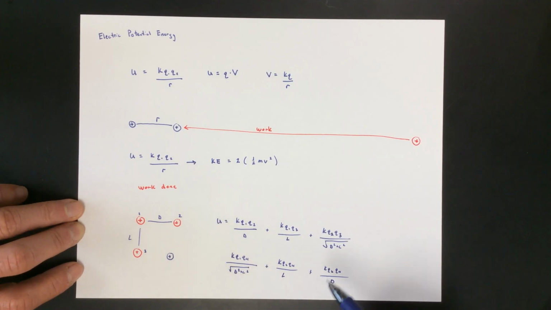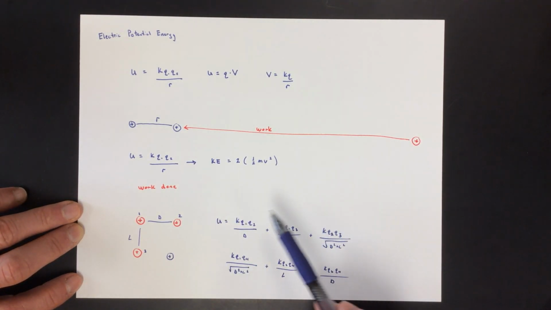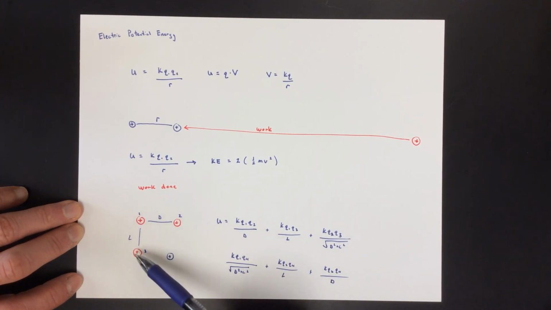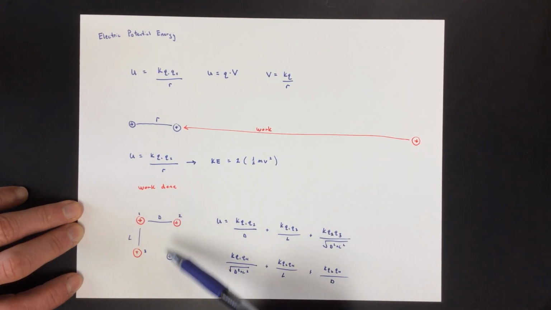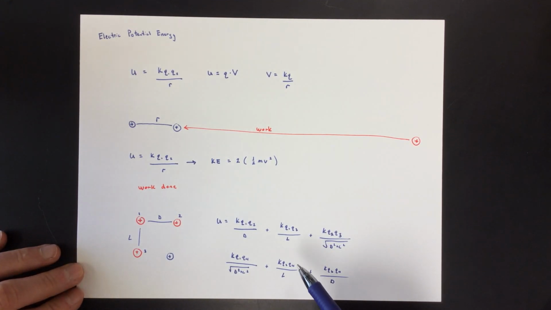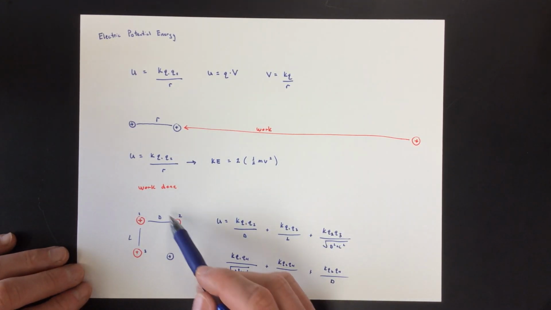Adding one more charge makes this total a 6-term thing, which ends up being 3 factorial. So you have 1 and 2, 1 and 3, 1 and 4, 2 and 3, 2 and 4, 3 and 4. And again, you have to be really careful how they word the question. Are you looking for the work done or the energy stored in putting all 4 of them there?